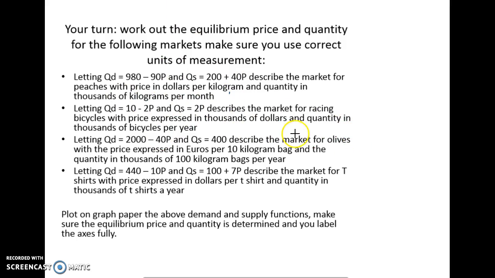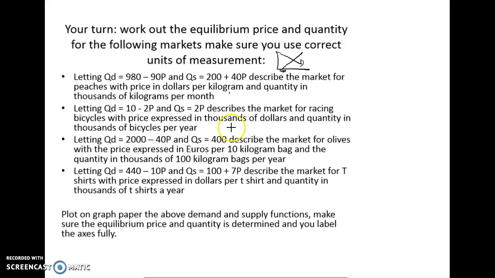Here's some practice ones to have a go at. Just a clue here, this is 200, not minus 200, so the supply line is going to hit at a point before, so this is like positive 200, and demand's going to be over here.